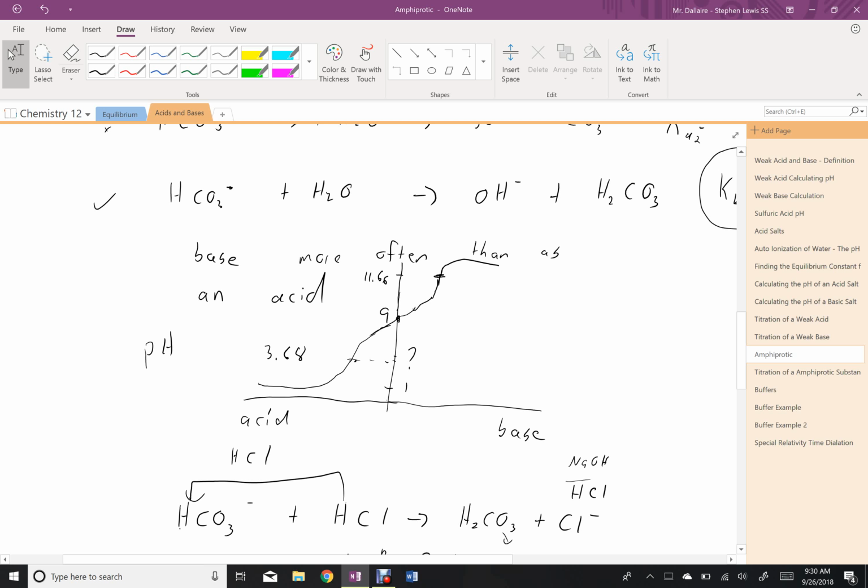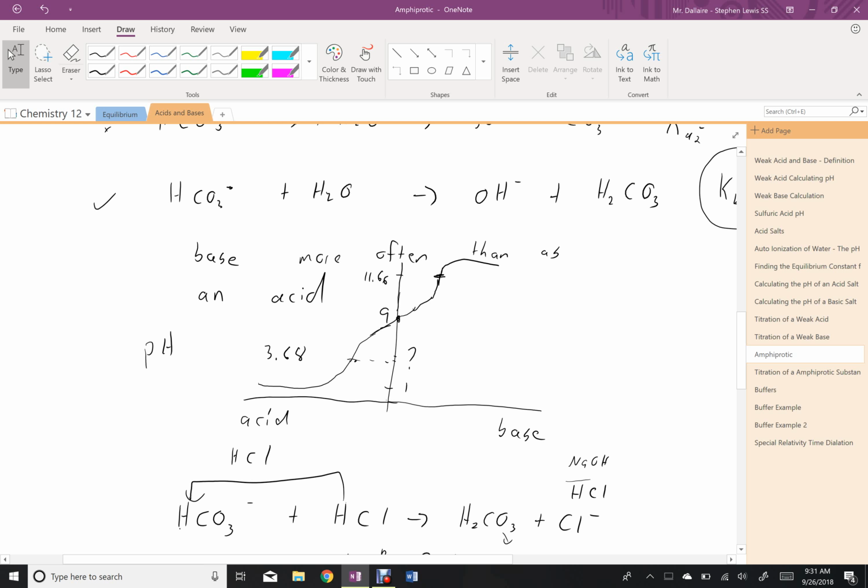I'm just swinging through the book over here, and I'm trying to come up with a chart of some different indicators and what pH ranges they change color at. In this class, I'm at least currently using the old Nelson Chemistry 12, and so if I find it here, oh, here we go.